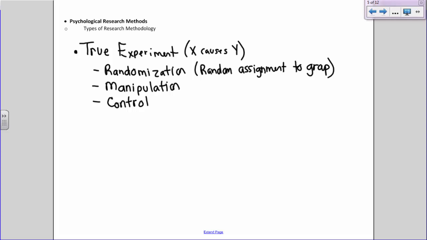So for instance, let's say that I want to do a true experiment where I'm going to try to see if public shaming or financial incentives are more of a motivator for professors to be a better teacher. I randomly assign half of my group to be in the pie in the face at the end of the semester group.